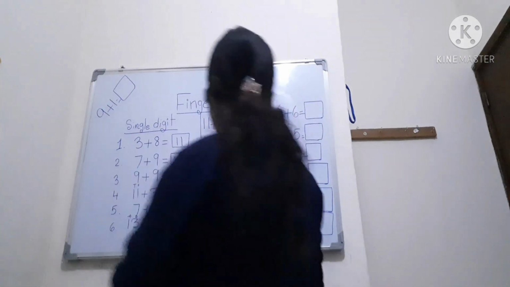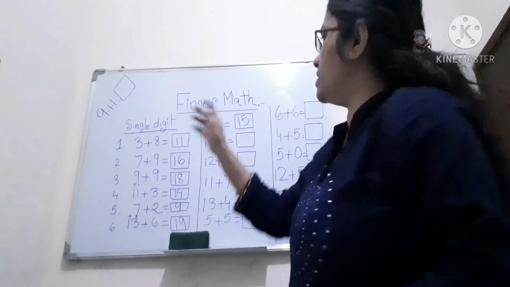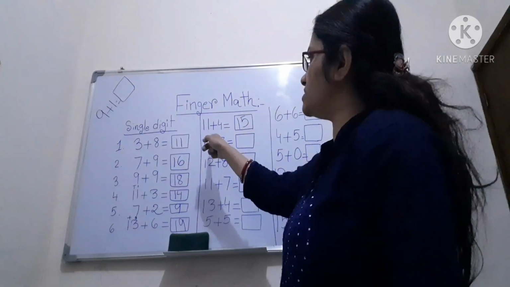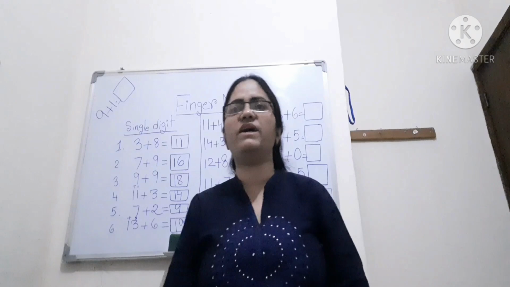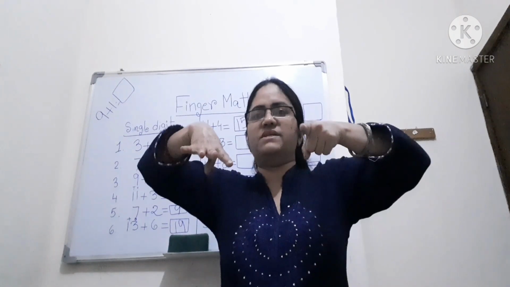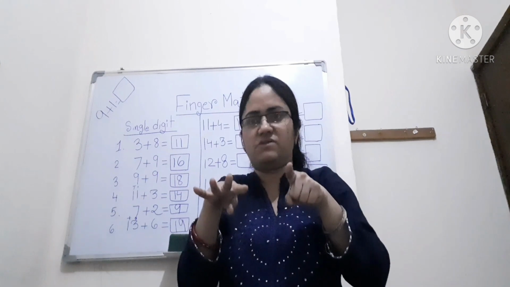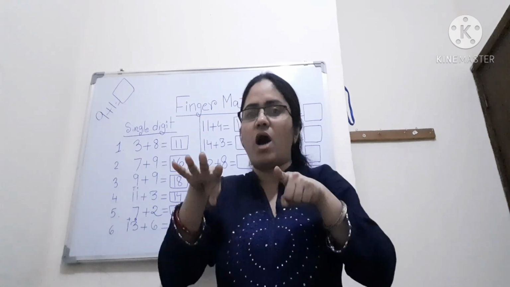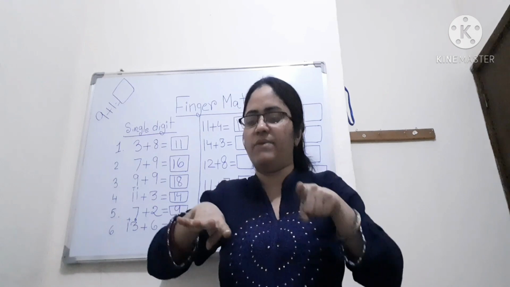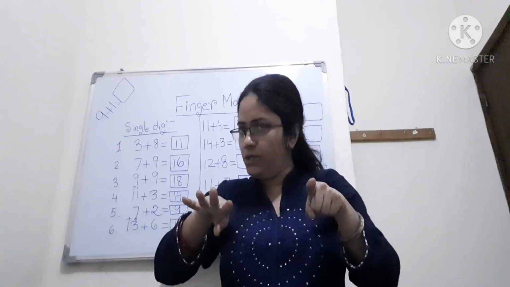Again, 14 plus 3. 14 is also a 2-digit number. 1's place, 10's place, 14. How do you calculate? This is 1 and this is 4. This is 14. Again plus 3. How many fingers are remaining? This one is remaining.